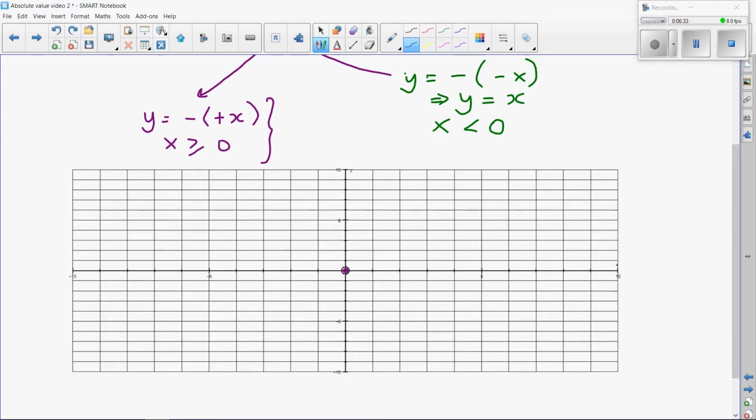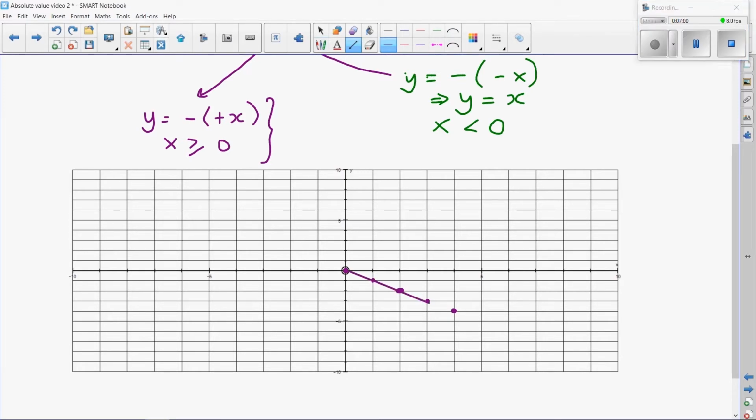If we substitute x equals 1, we get y equals minus 1. Similarly, I'll get y equals minus 2 if x is 2, y equals minus 3 if x is 3, and y equals minus 4 if x is 4. So immediately you have an idea of what the shape is. Let's quickly sketch this arm of the graph.